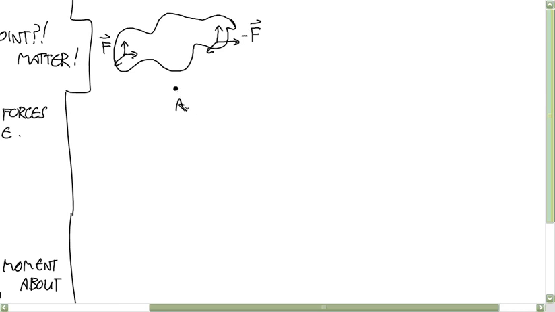So if this is our point A, then let's call a vector going from A to the point where the force F is applied, rho 1.